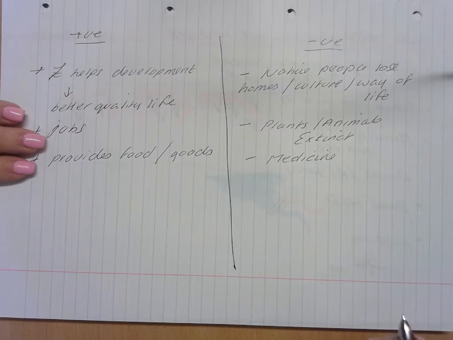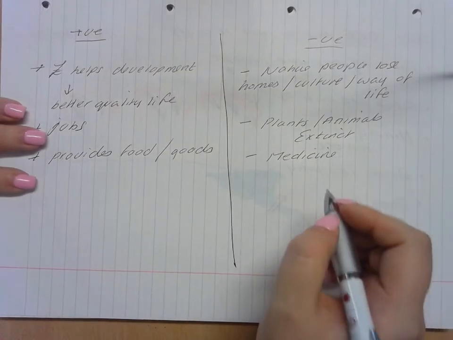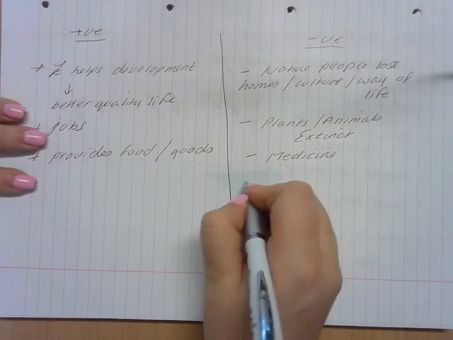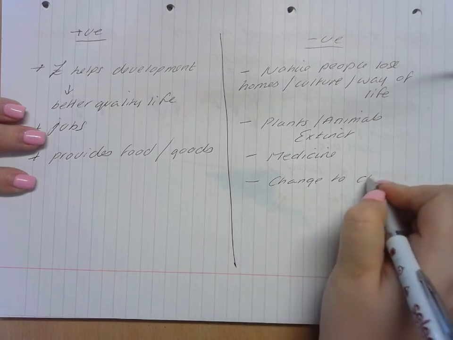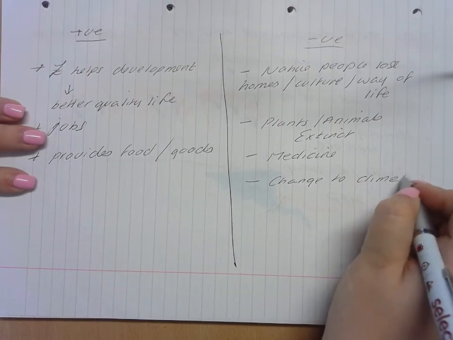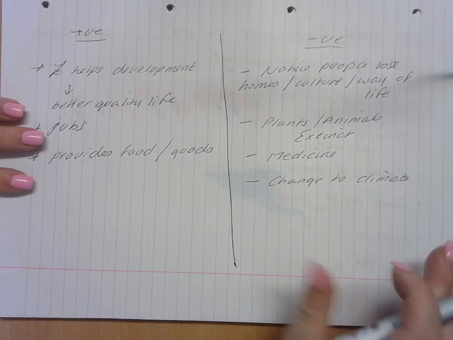Species have gone extinct, and there could have been cures in there that we could have used to help people. Not only that, but there'd be a change to climate. At the end of the day, the tropical rainforest is called the lungs of our planet. I saw something the other day that said if trees gave off free Wi-Fi, we'd plant them everywhere, but instead they give off free oxygen and we chop them down. So the changes to climate.